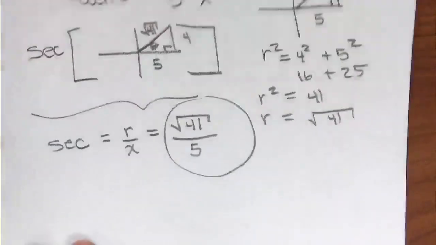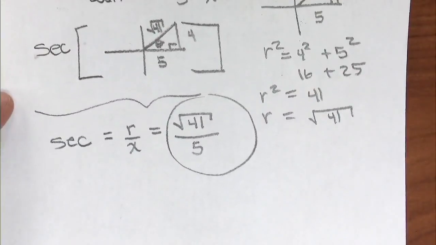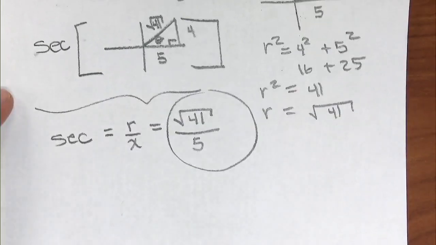Okay, so that includes 7 or 8 of the main problem, and then several of the calculator problems, and one of the composite problems. Okay? Now I want to see what you can do.